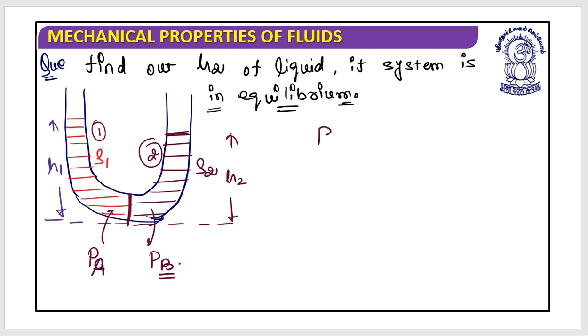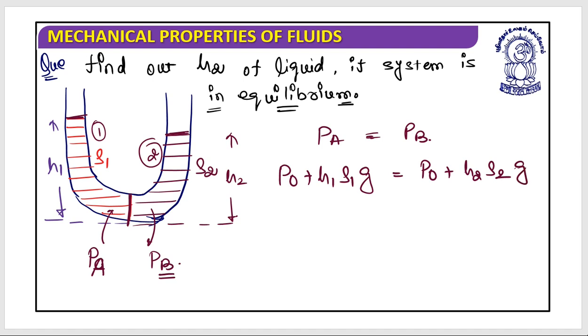Yes, so we can say PA should be equal to PB. And while I say PA equals PB, at this point atmospheric pressure would be there, which is equal to P naught plus h1 rho 1 g. That is equal to PB, which is P naught plus h2 rho 2 g.